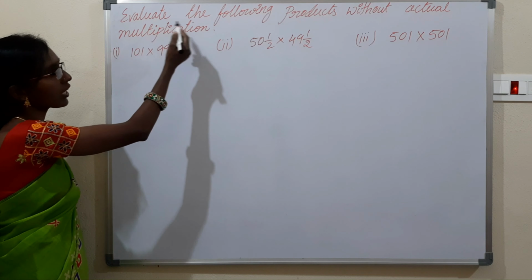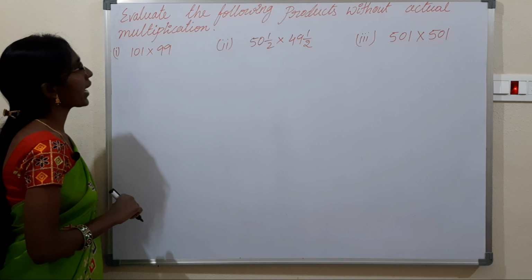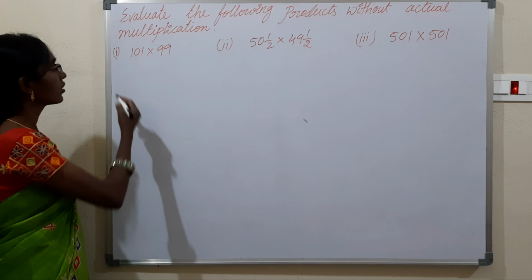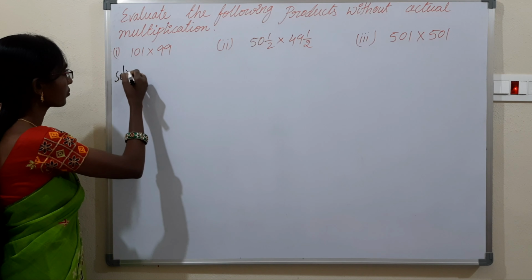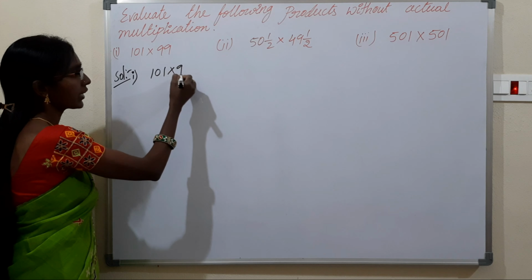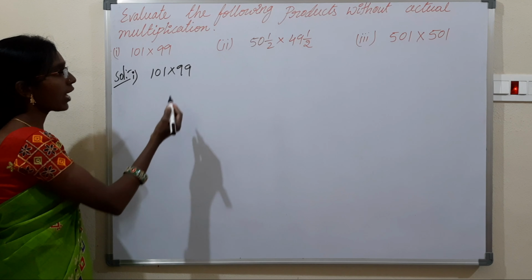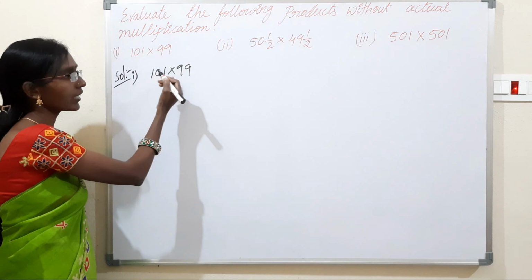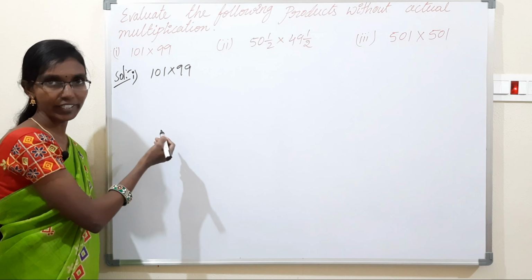Here is the question. Evaluate the following products without actual multiplication. Let's enter into the solution. The first question is 101 into 99. We have to express this in the form of algebraic identities.